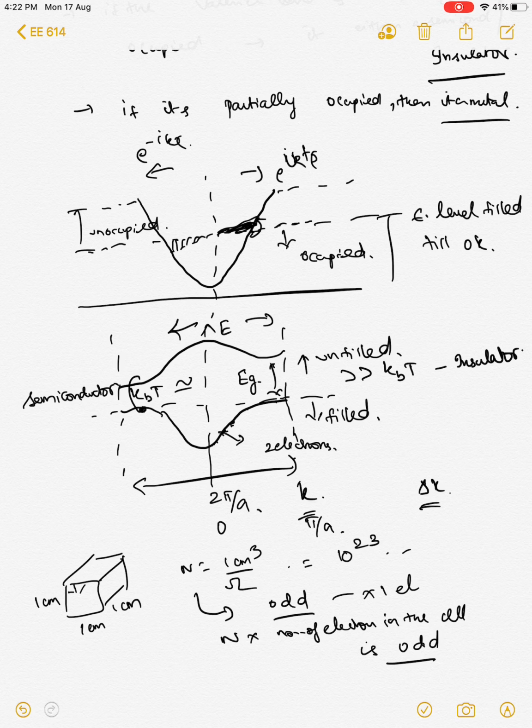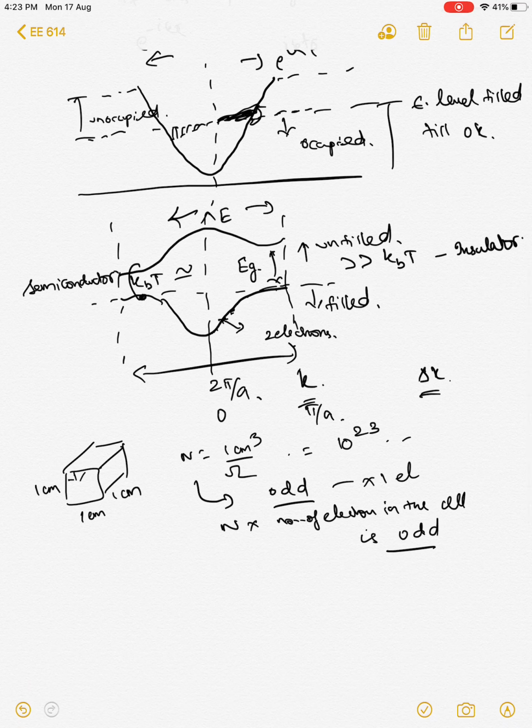Because each point has 2 electrons, and the number of electrons times the number of cells is an odd number, obviously this band is partially filled. So whenever the number of electrons is odd, if you have 1 electron per unit cell and n unit cells, you will always have a metal. You can easily see why the first elements of the periodic table groups are metals.